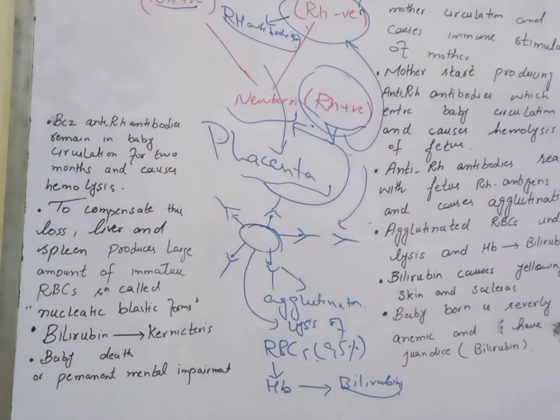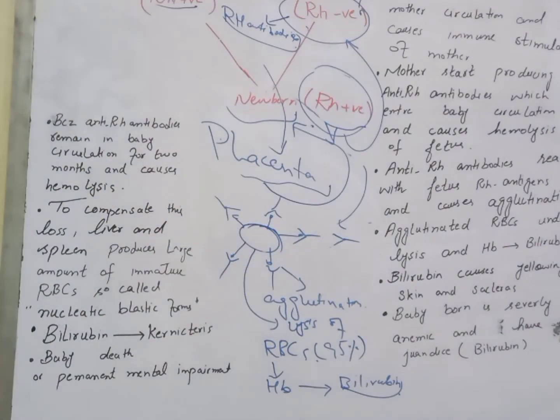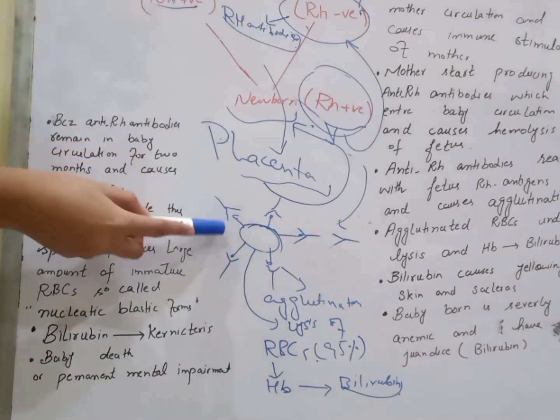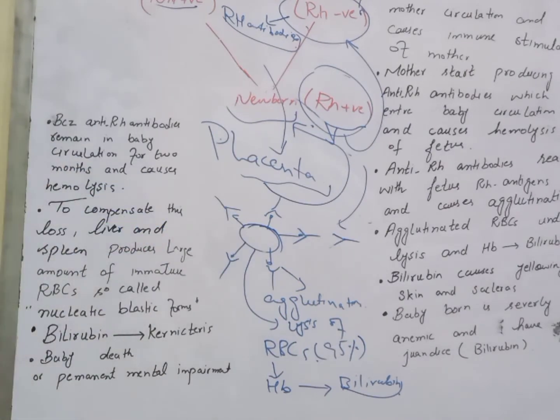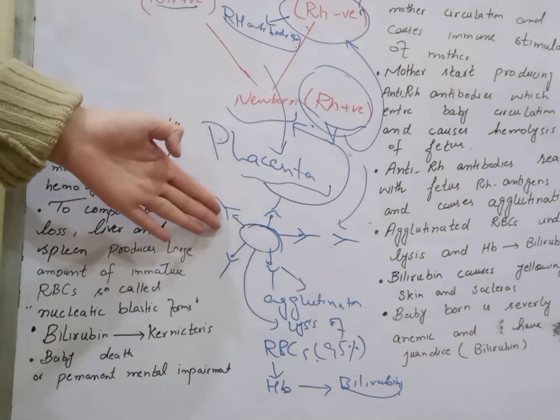When there is continuous lysis of RBCs, the baby will be anemic. To compensate for this loss, the liver and spleen will swell and become enlarged in order to produce a large number of RBCs to compensate for the loss due to agglutination and lysis of RBCs.